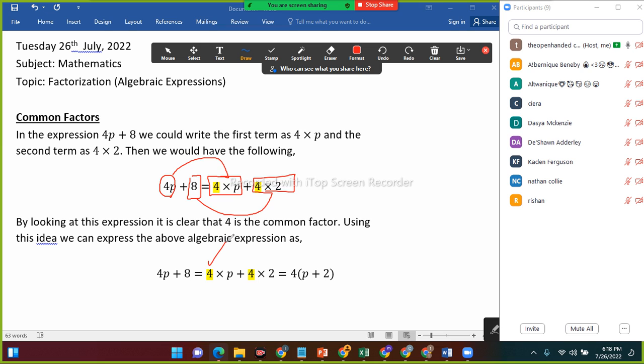So 4 is in this one, and 4 is also in this one. And so that means that we could pull out the 4, or we could factorize the 4. So the 4 will be up front, leaving us with P plus 2. And then we know that 4 times P is 4P, and then 4 times 2 is 8. Okay, so that's how we would do it.